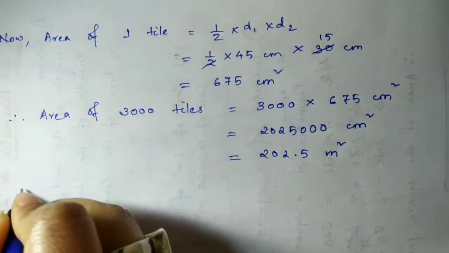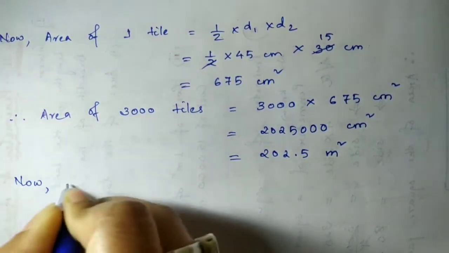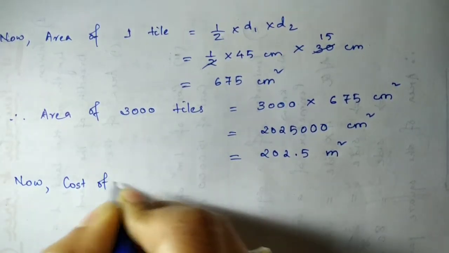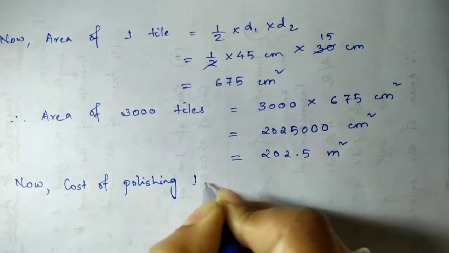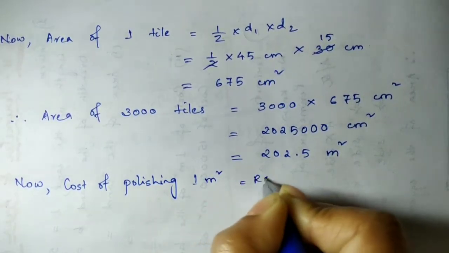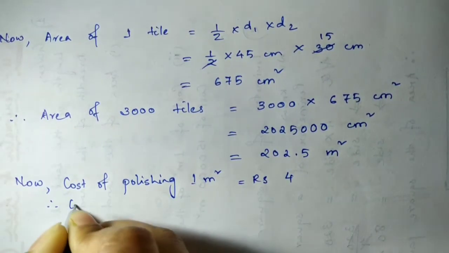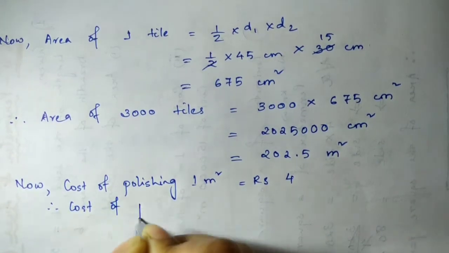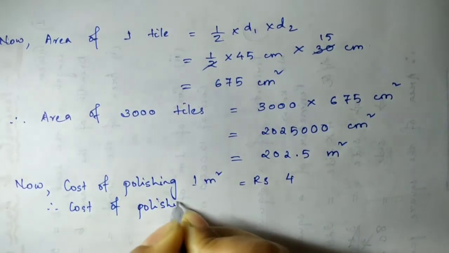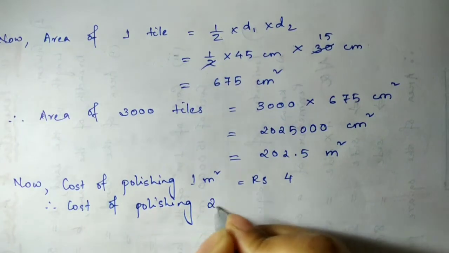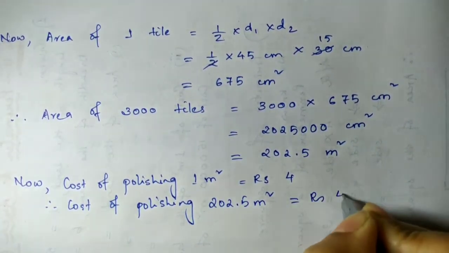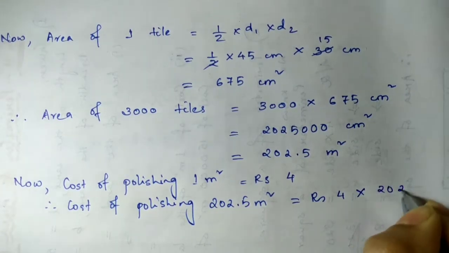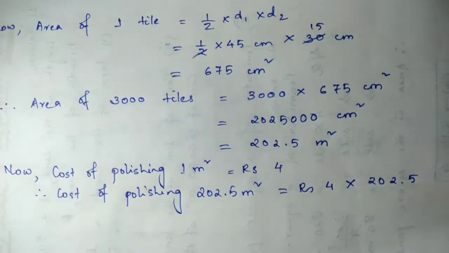Now, the cost of polishing 1 meter square is equal to rupees 4. Therefore, the cost of polishing 202.5 meter square will be equal to how much? Rupees 4 into 202.5. So let's multiply this by 4.